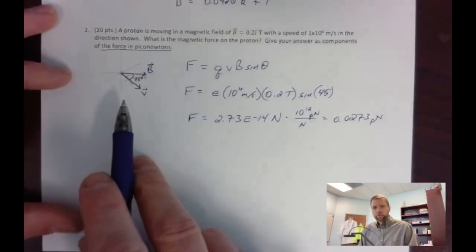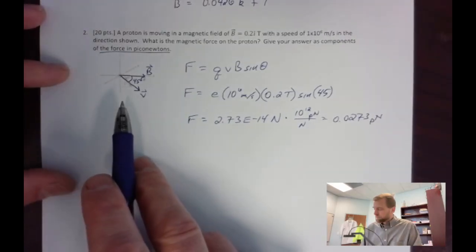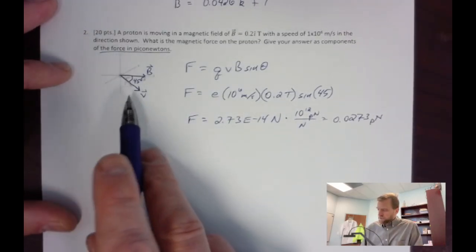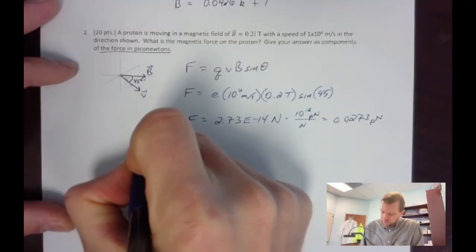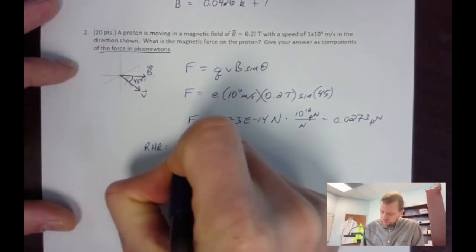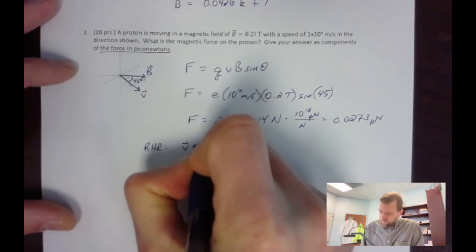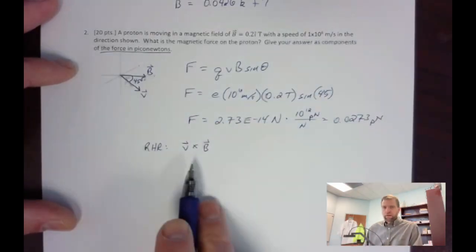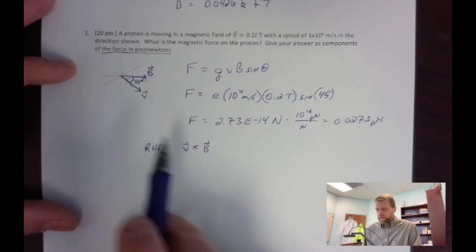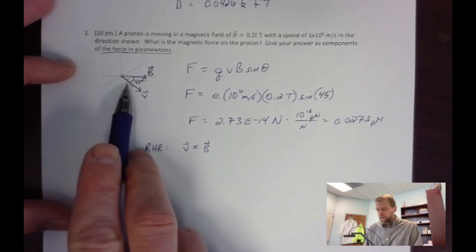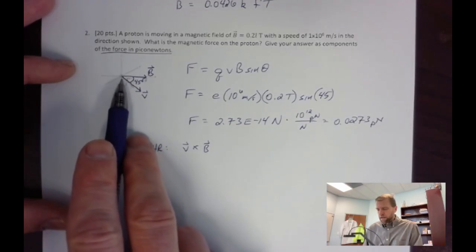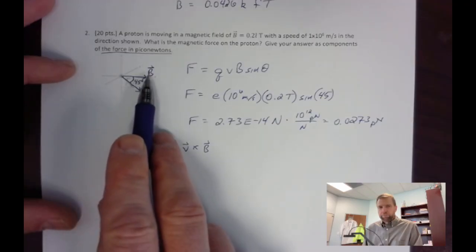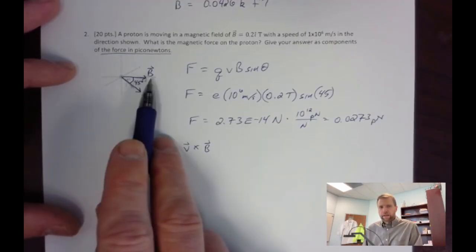So I need to apply the right-hand rule to this. According to the right-hand rule, we need V cross B. V is pointing diagonally down in the XZ plane, and B is pointing along the x-axis.